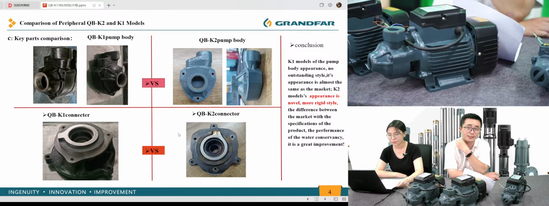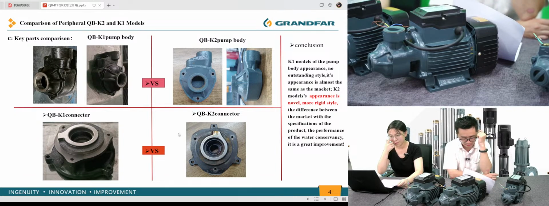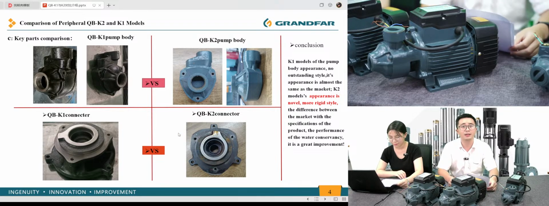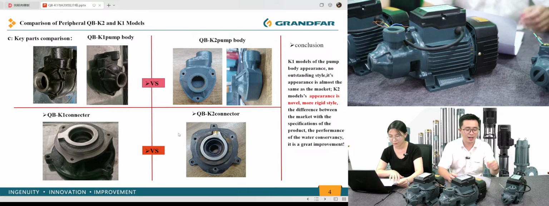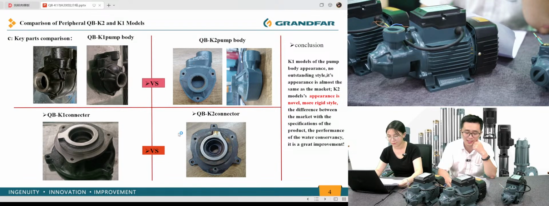See the 2 pictures on the left, and compare them with the picture on the right side. We can see the pump body has a different inner structure. And you can see the difference in color and another difference in design.